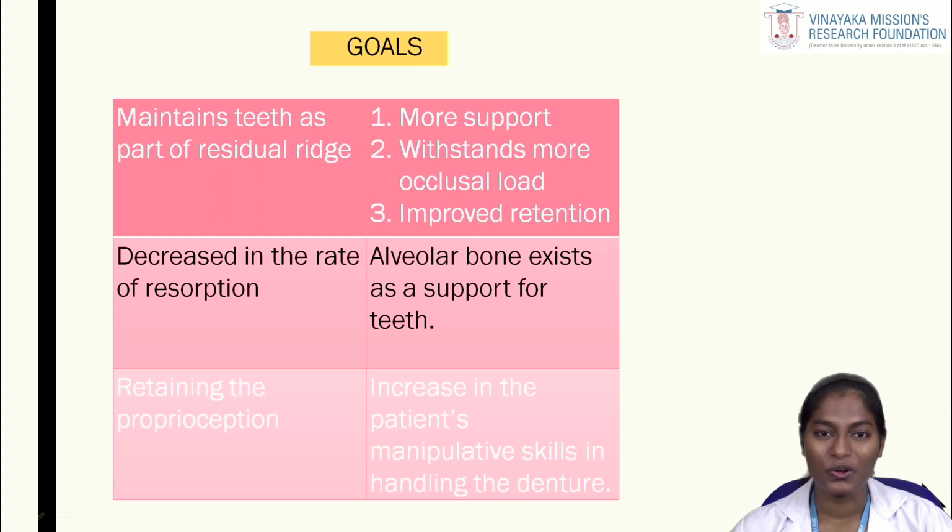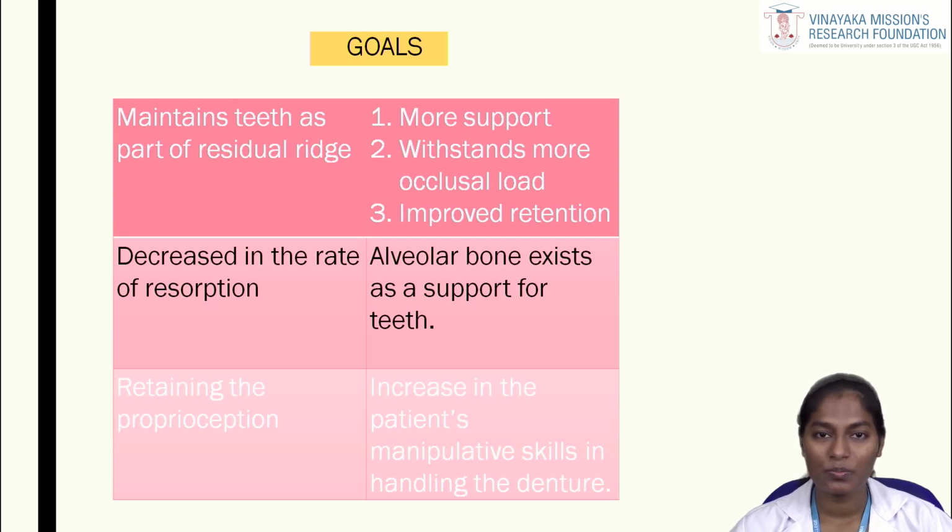The three basic goals of overdenture therapy are: the first one, it maintains teeth as a part of the residual ridge. The second thing is a decrease in the rate of resorption, and the third thing is proprioceptive impulses. So we are going to retain teeth as a part of the residual ridge. It improves retention, stability, the support, and also withstands more occlusal load.